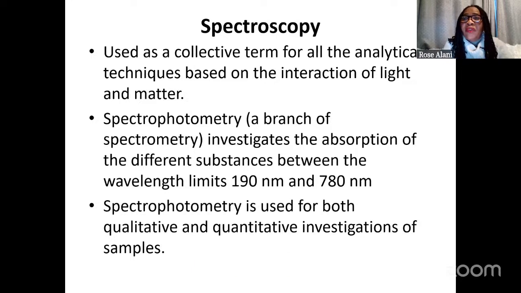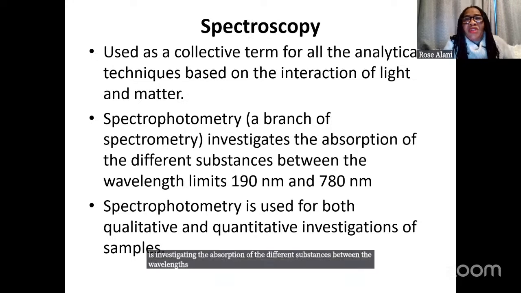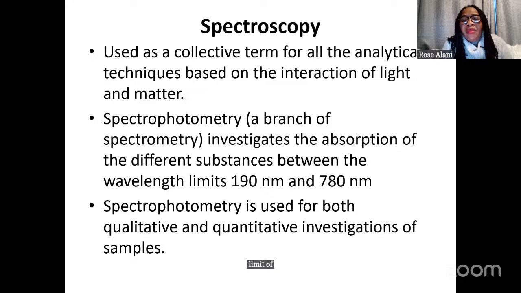So it investigates the absorption of different substances between the wavelength limit of 190 nanometers and 780 nanometers.